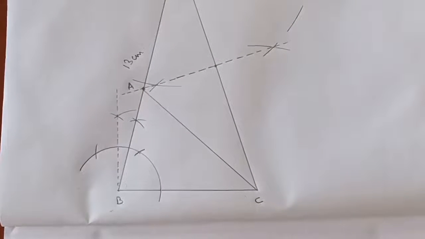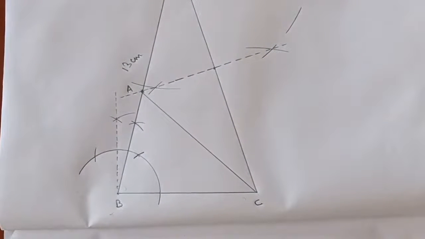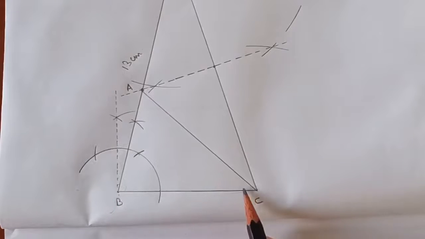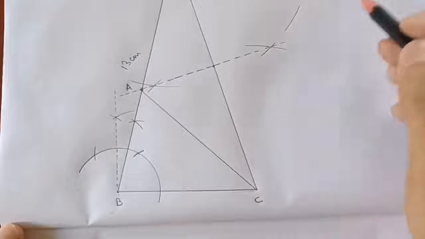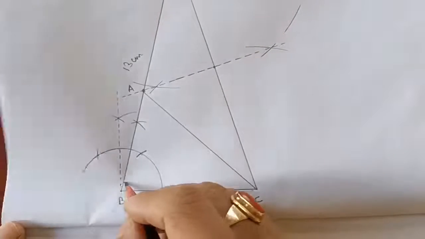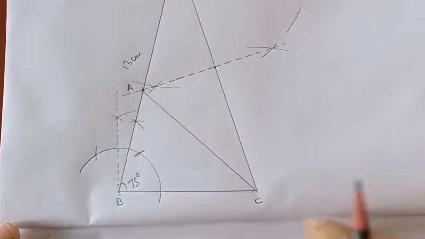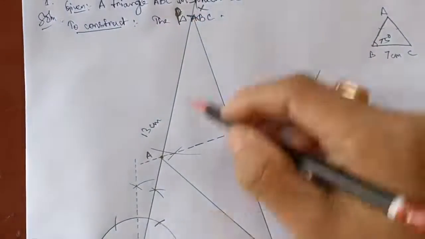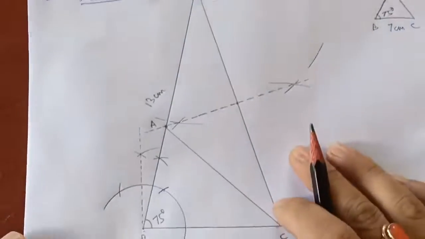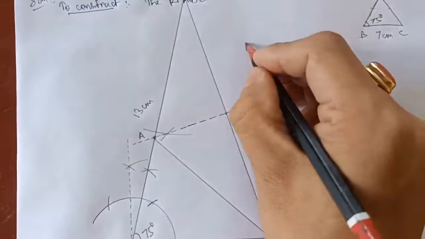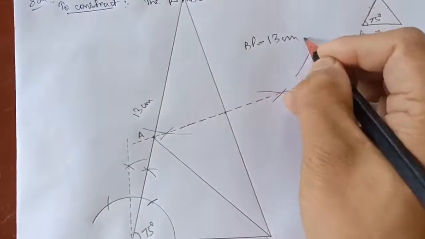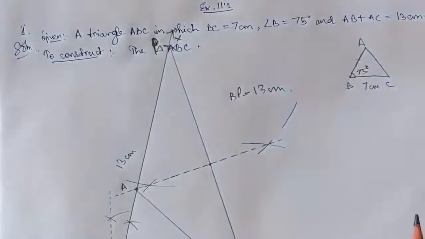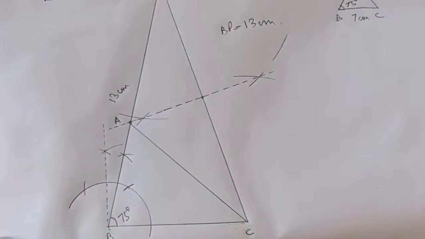Let me repeat again. To draw such triangles, first we draw the line segment BC, the base of the triangle, and we construct the angle of 75 degrees at the point B. Then we mark point A on the ray BX such that AB measures 13 centimeters. Now points A and C are joined.